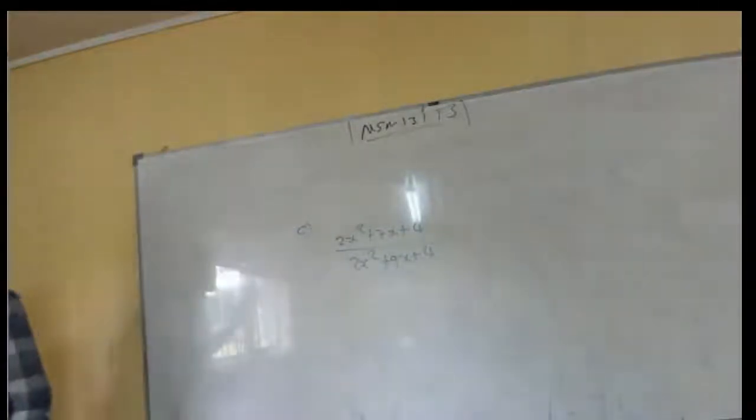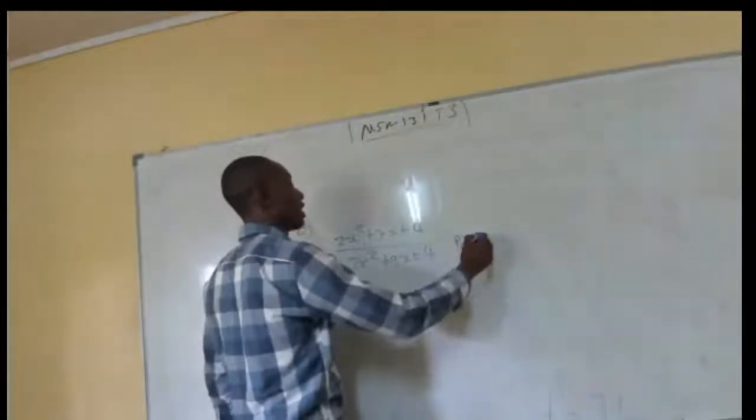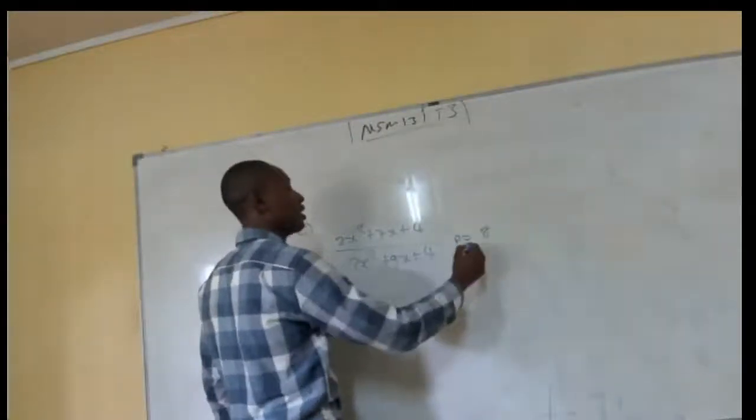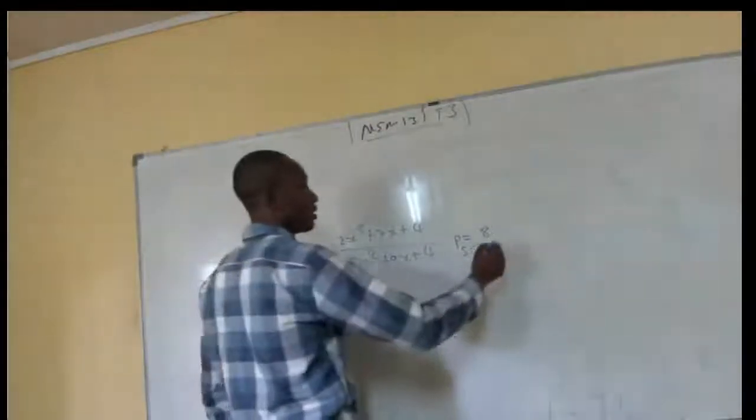Alright, so based on this question which I've written, we need the product and the sum for both of these. So for the numerator, what's the product? The product for the numerator is 8, the sum is 7.